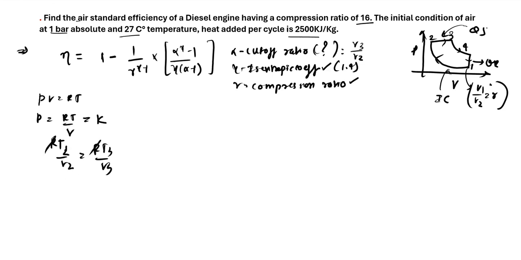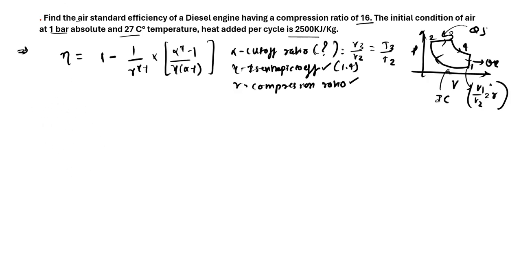If you cancel the R, you get V3 by V2 as T3 by T2. The ratio will be the same for a constant pressure process, so the cutoff ratio can also be calculated from the temperatures at point 3 and point 2.